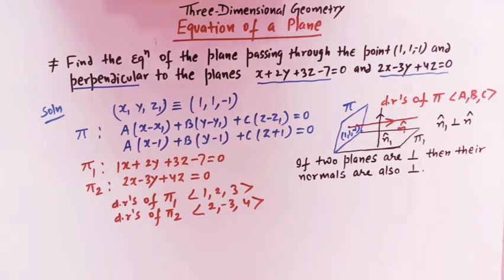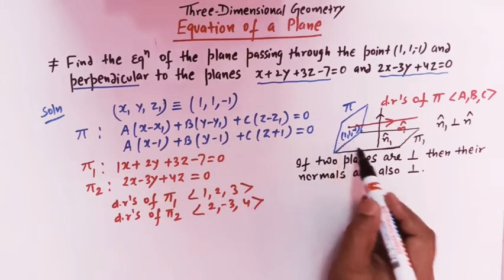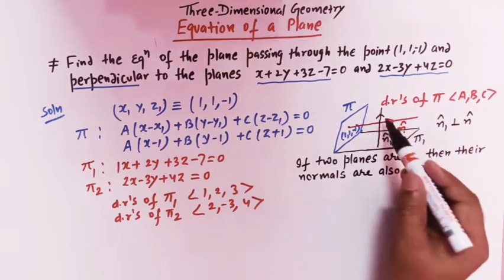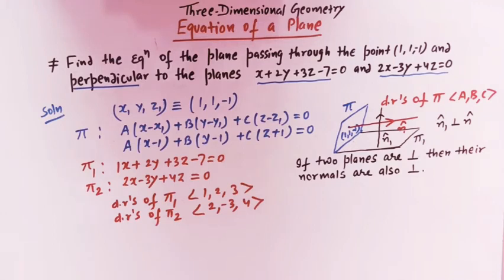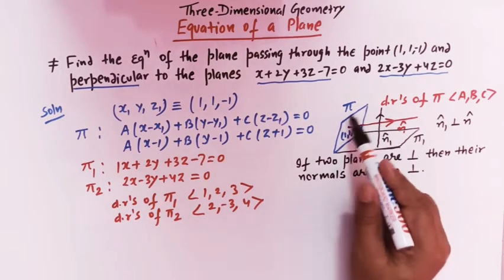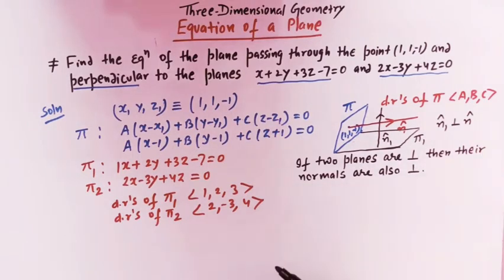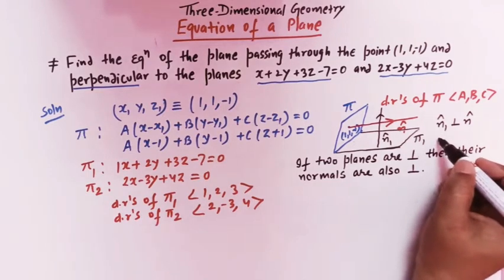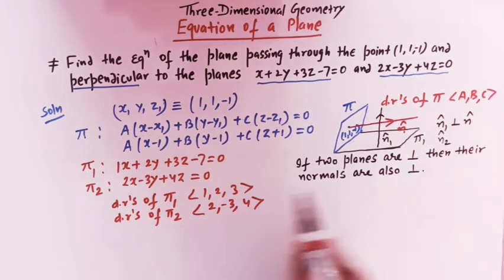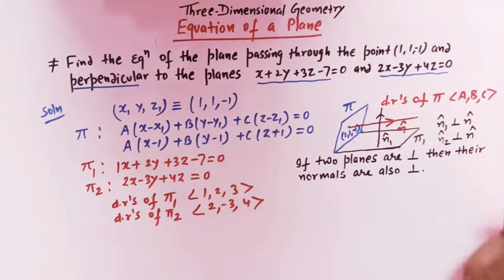So if two planes are perpendicular, here this plane pi and this plane pi 1, then their normals are also perpendicular. Similarly, this plane pi 2 is perpendicular to this plane pi, and we again conclude that if n2 is the normal vector to this plane, then n2 is perpendicular to the n vector.